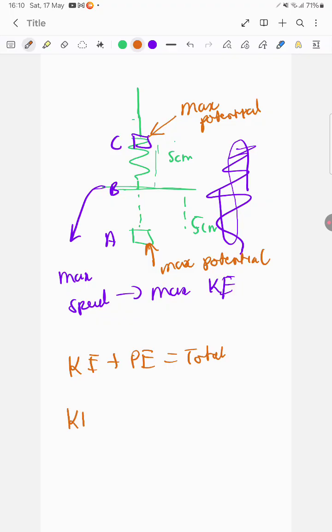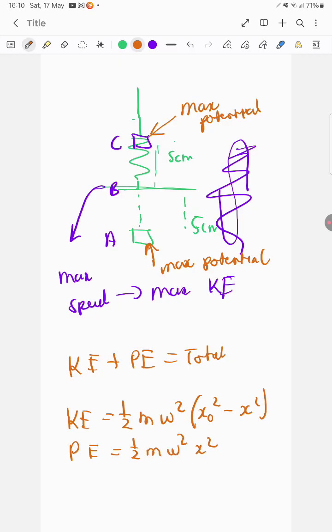The formula for the kinetic energy is equal to half m omega squared brackets x naught squared minus x squared, for kinetic energy at any point in the motion. And the formula for potential energy at any point in the motion is half m omega squared x squared.